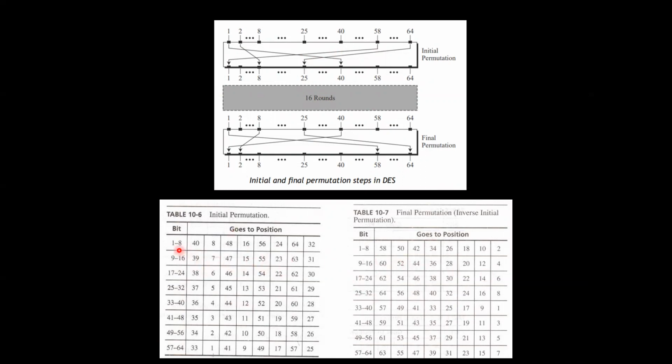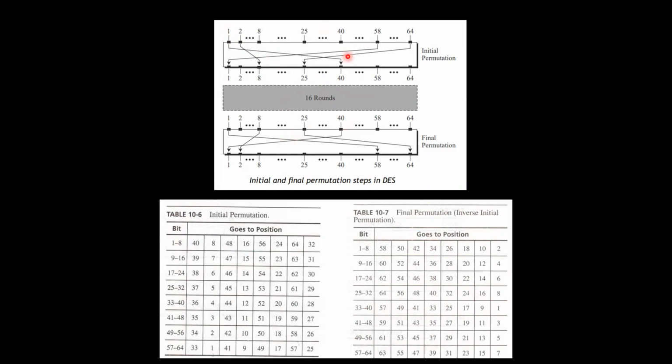As per the first table, bit at position number 1 went to position 40 of the output during initial permutation. And this is the table for final permutation. Let's see bit number 40. Here, these are the bits 33 to 40, and you can see that the bit at position number 40 is coming to the first position of the output. So this is the inverse: 1 went to 40 and 40 came back to 1.